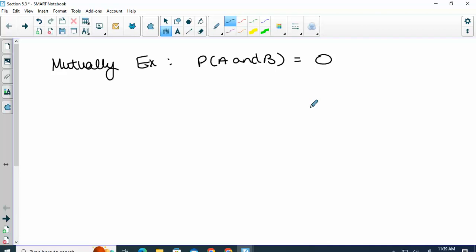Alright, today we are going to be looking at independence, and we're going to talk about the multiplication rule. So yesterday we were asking or. What's the probability of this or this? And or meant that we had to add the probabilities.